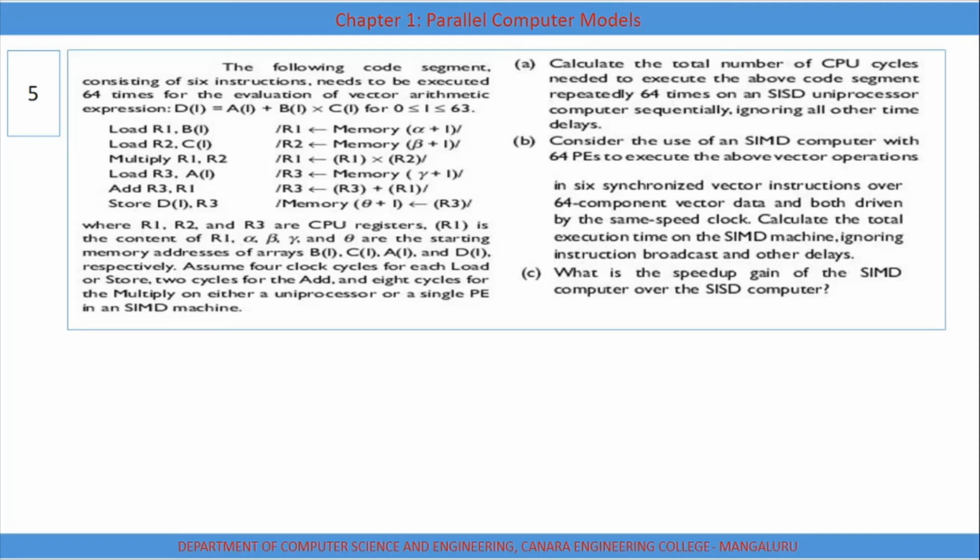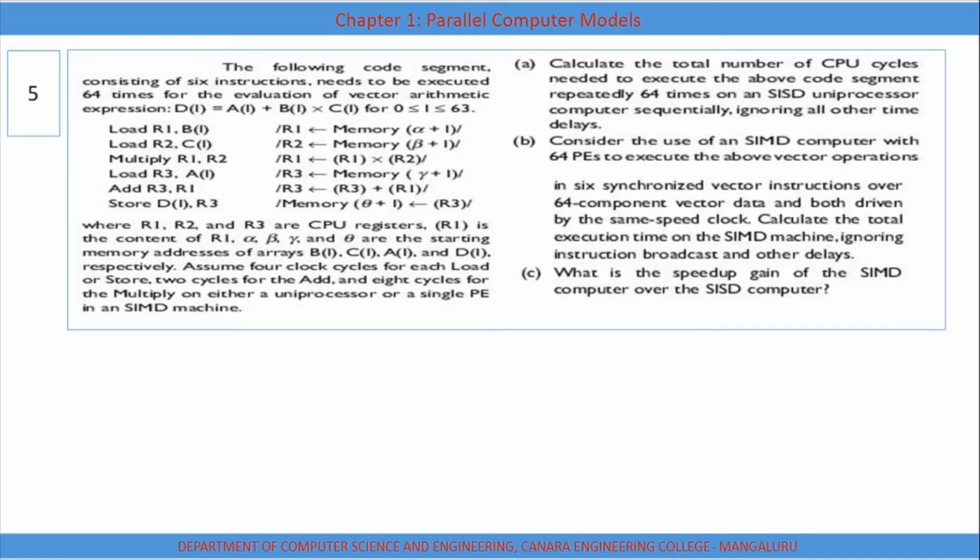Assume 4 clock cycles for each load or store, 2 cycles for add and 8 cycles for multiply on either a uniprocessor or a single processing element in an SIMD machine.